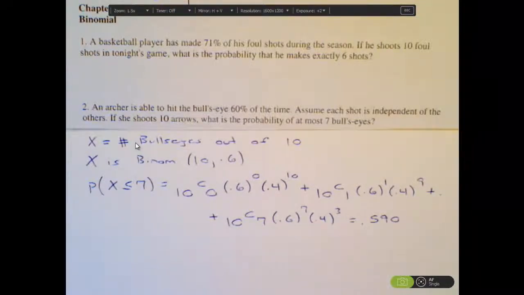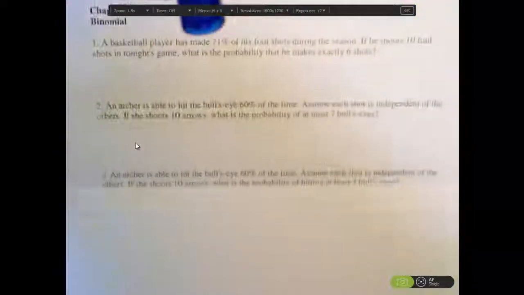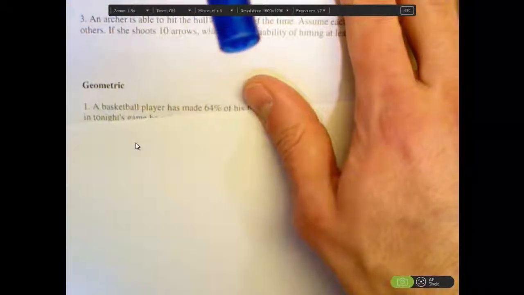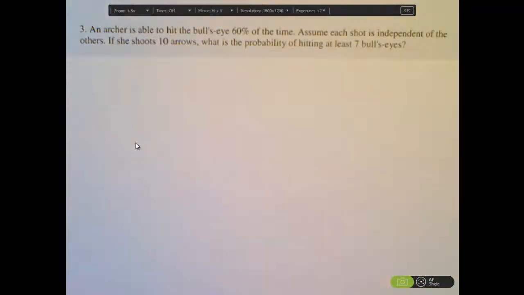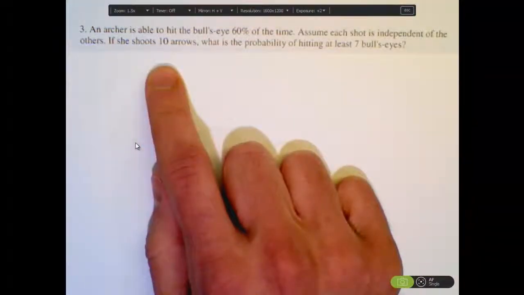Okay, so let's look at part C, or question 3. An archer was able to hit the bullseye 60% of the time, assuming each shot is independent. Okay, so I didn't get too creative with the scenarios here. Very similar to what we just saw in the previous example. So it's Bernoulli trials, the whole 9. It's binomial because there's a fixed number of trials here.